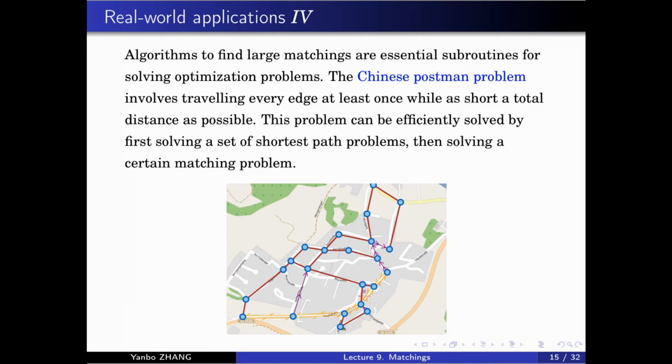This problem can be efficiently solved by first solving a set of shortest path problems, then solving a certain matching problem. Note that the Euler tour is to travel every edge exactly once, and the Chinese postman problem is to travel every edge at least once, with as short a total distance as possible.